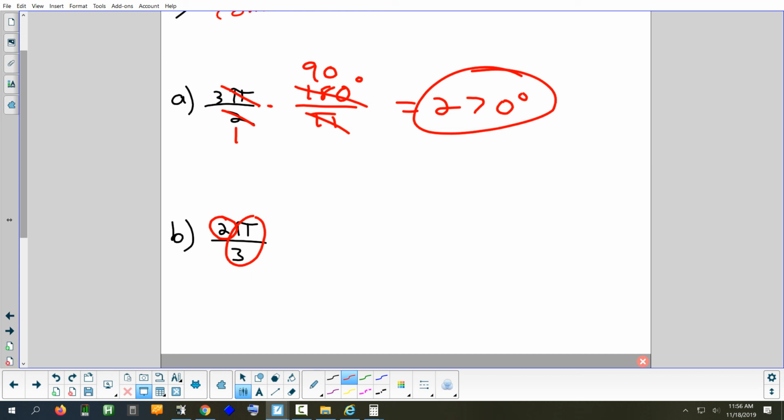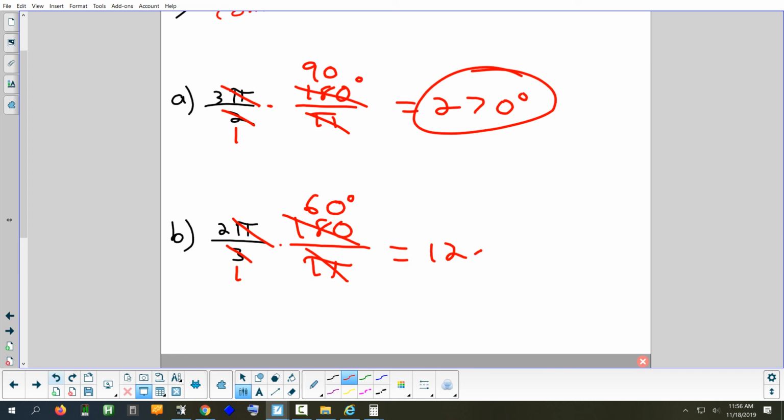So how much is that one? It's going to be 120. If you don't remember pi over 3, that's not going to help you. So then you just multiply by 180 over pi. That's gone. 3 goes into 180, 60. And what's 2 times 60? 120. So you can still get the answer that way. It just takes a little longer.